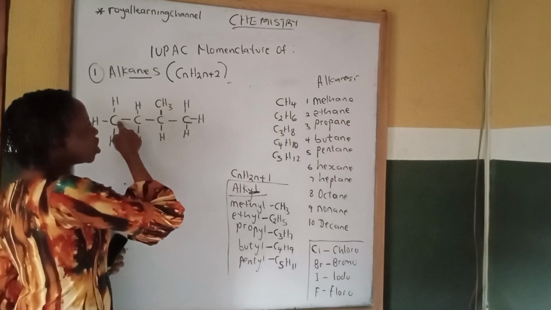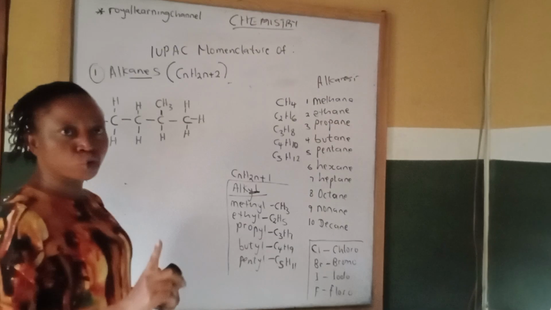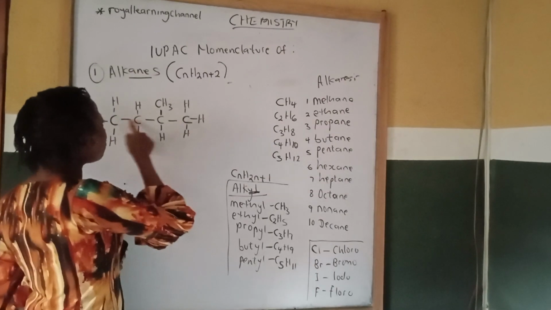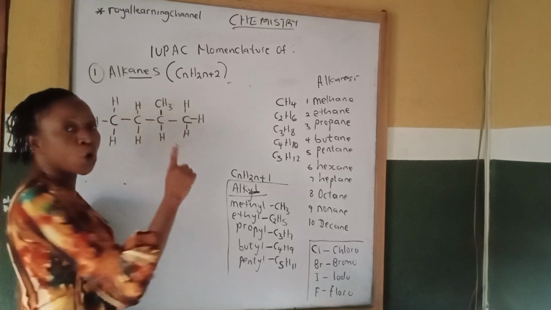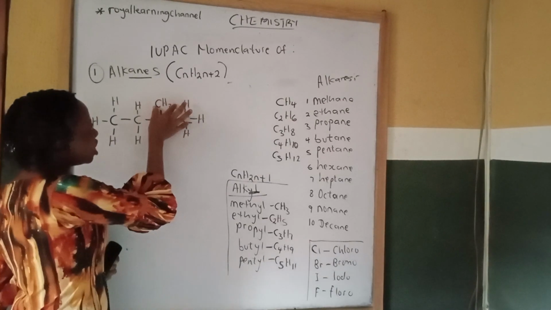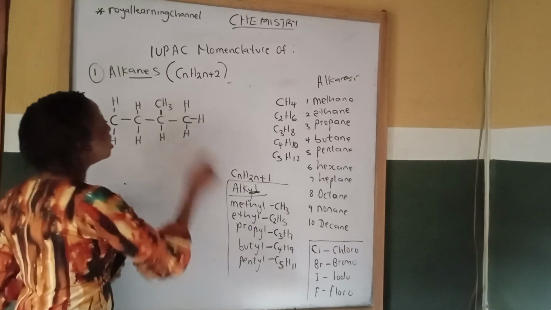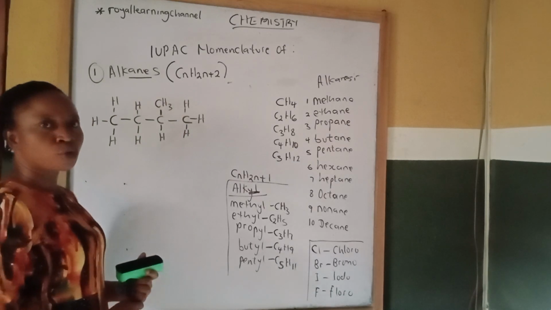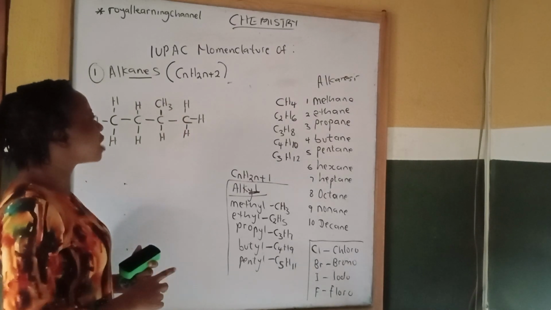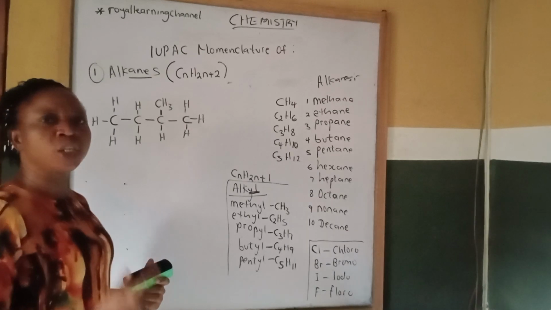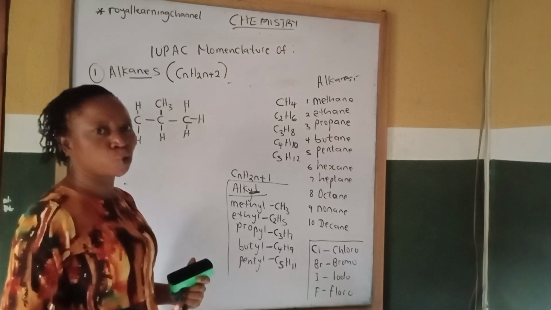Your longest continuous carbon chain is your root hydrocarbon. Then whatsoever is attached to this longest continuous carbon chain is your substituent. So CH3, which is methyl, is your substituent. Then the next step says that you number the carbon atoms from the end which will give you the lowest number to the substituent.